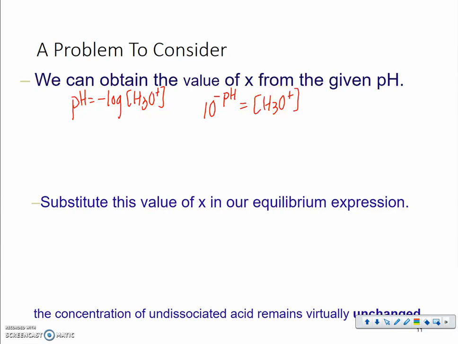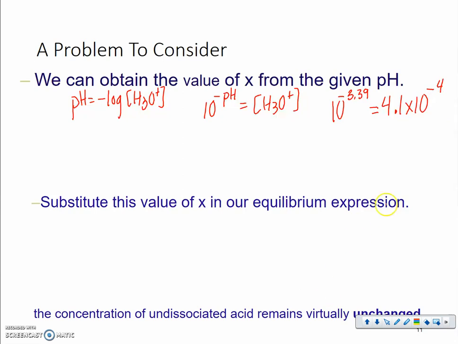Just two different ways of writing the same relationship. So we're going to use the second version because we're solving for the H3O+. So 10 raised to the negative pH, which was given to us in our question, 3.39, is going to equal whatever our concentration of H3O+ is, which in this case is going to equal 4.1 times 10 to the negative fourth.